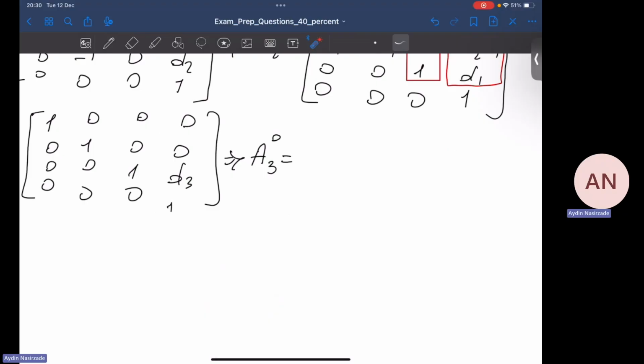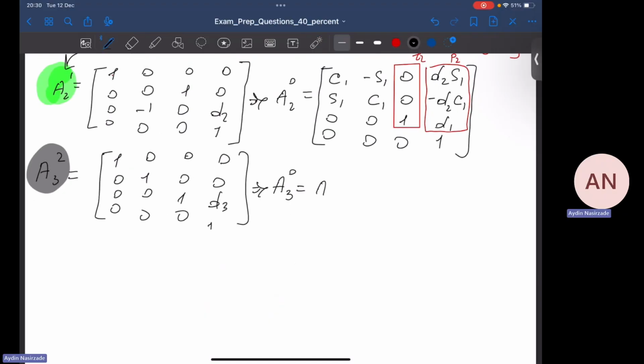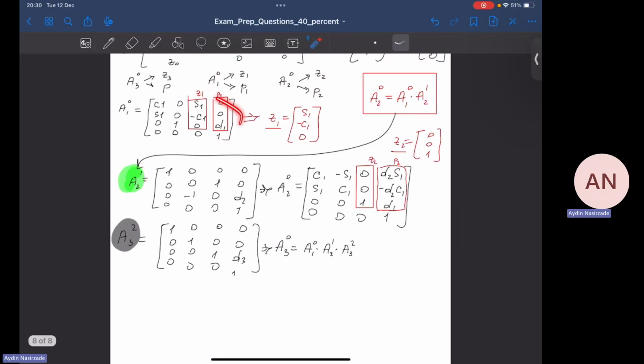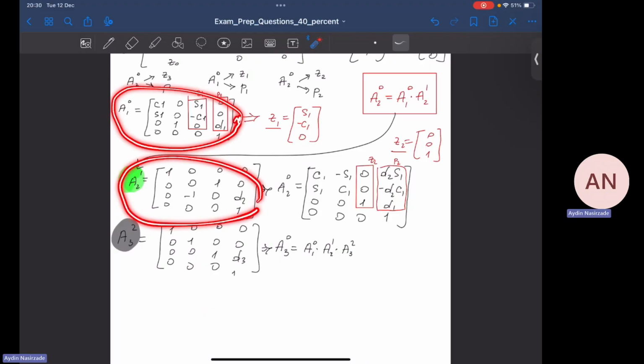Now, this is going to be A1 to 0 times A2 to 1 times A3 to 2. I have A1 to 0, I have A2 to 1, I have A3 to 2, okay?